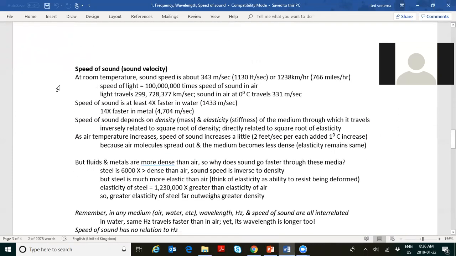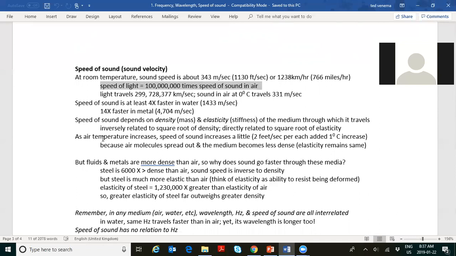Now look at this. The speed of light, not sound, light, is 100 million times faster than the speed of sound. Remember we said last week light can travel through outer space? Sound can't. Sound needs a medium: either air or water or metal.